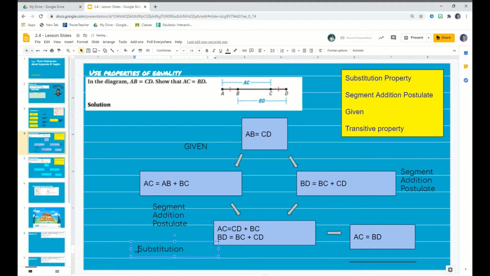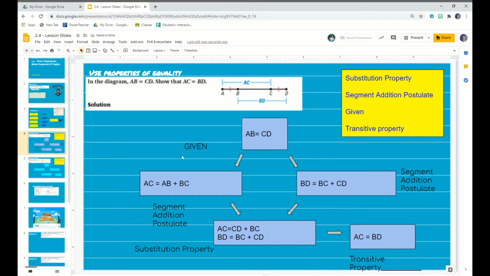Same thing here, angle addition postulate. And I can say DBC is equal to angle 1 plus angle 2. So I can say angle addition postulate there too. Now, angle 1 is equal to angle 3.